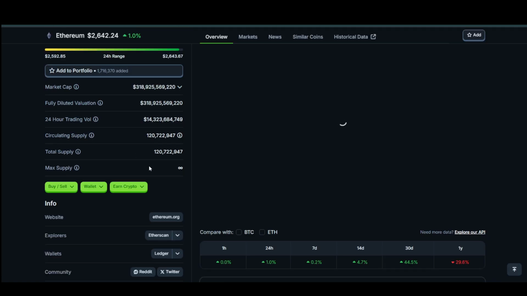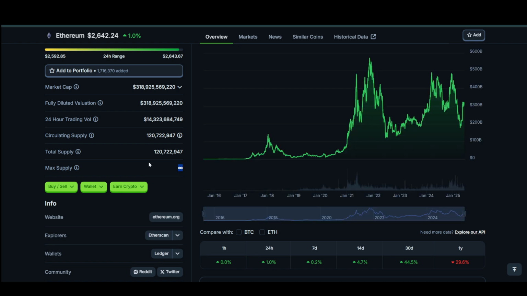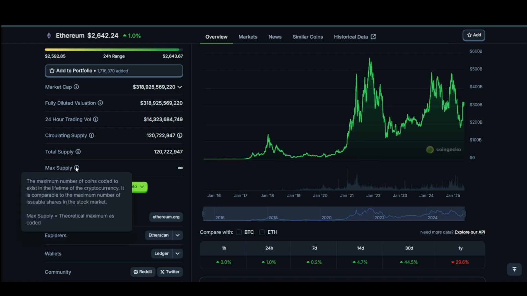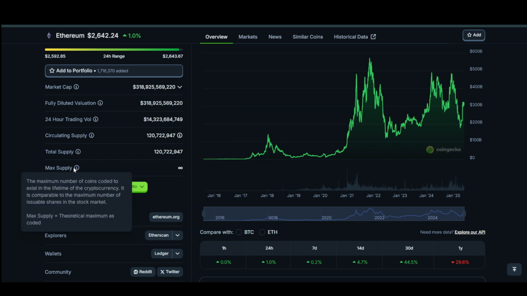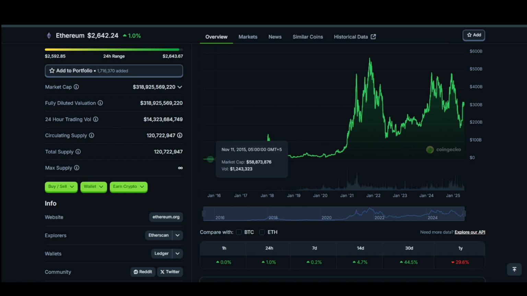Ethereum does not have a max supply. That means Ethereum supply is unlimited, infinite. Of course the supply release, the inflation, is very low, so it does not have that much of an impact on its price. But again, if you're looking at this one, you have to know that some coins do not have a max supply, so that may be bad for some coins.